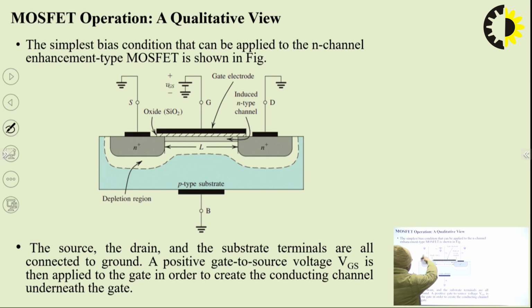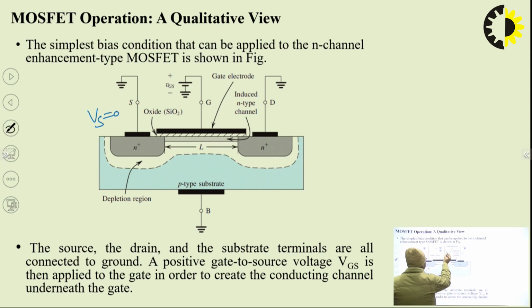So in this diagram we have shown some biasing conditions for the qualitative description of MOSFET working. Source is grounded, so source voltage will be 0, and all other potentials will be taken with reference to the source terminal.